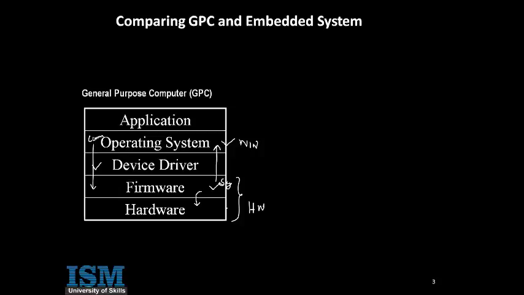Anyway, that's device driver. The next layer is the operating system. I think we all know a little bit about operating systems. It's a collection of software which is used to manage the various resources of the computer. We have a lot of hardware resources and software resources.